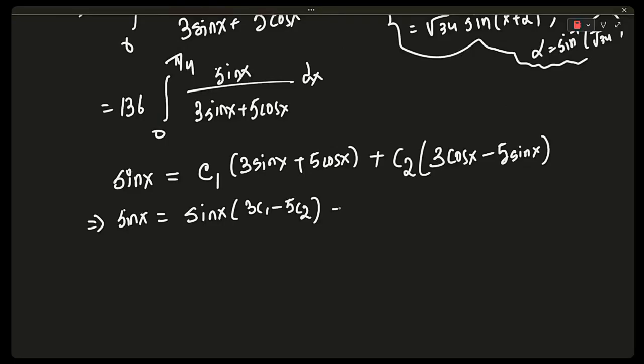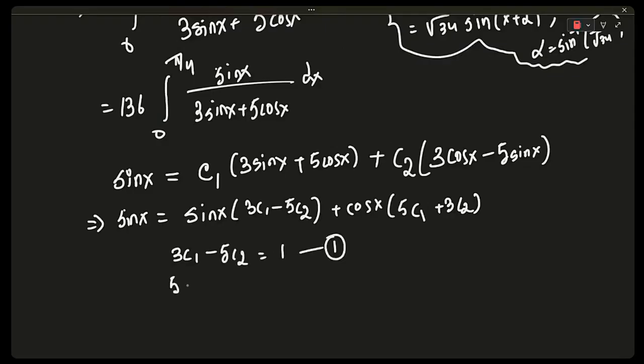And then collect all the cos x terms. Cos x का है 5c1 and then plus 3c2. So compare the coefficients. You see that 3c1 minus 5c2 is 1, equation number 1. 5c1 plus 3c2 is equals to 0, equation number 2.